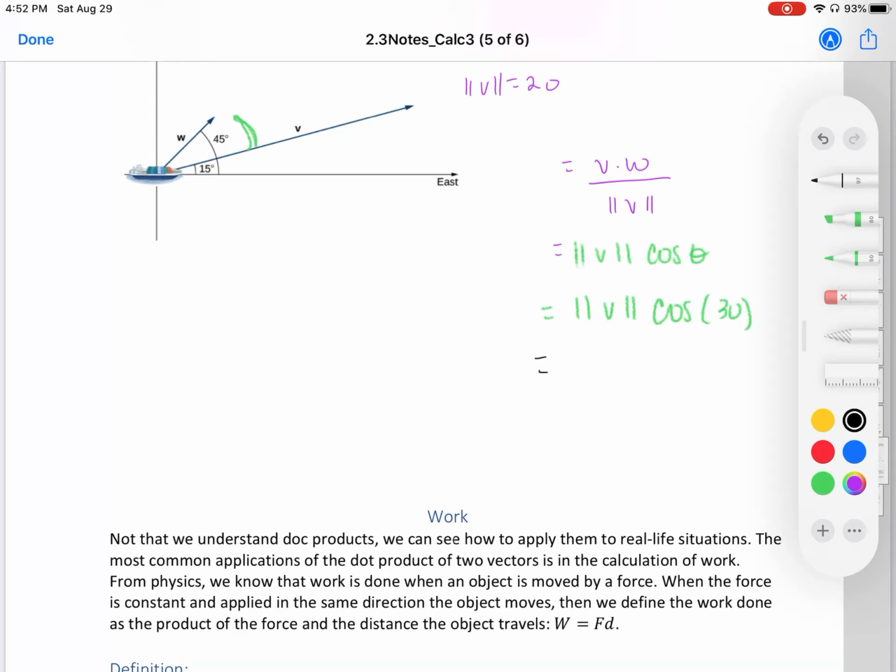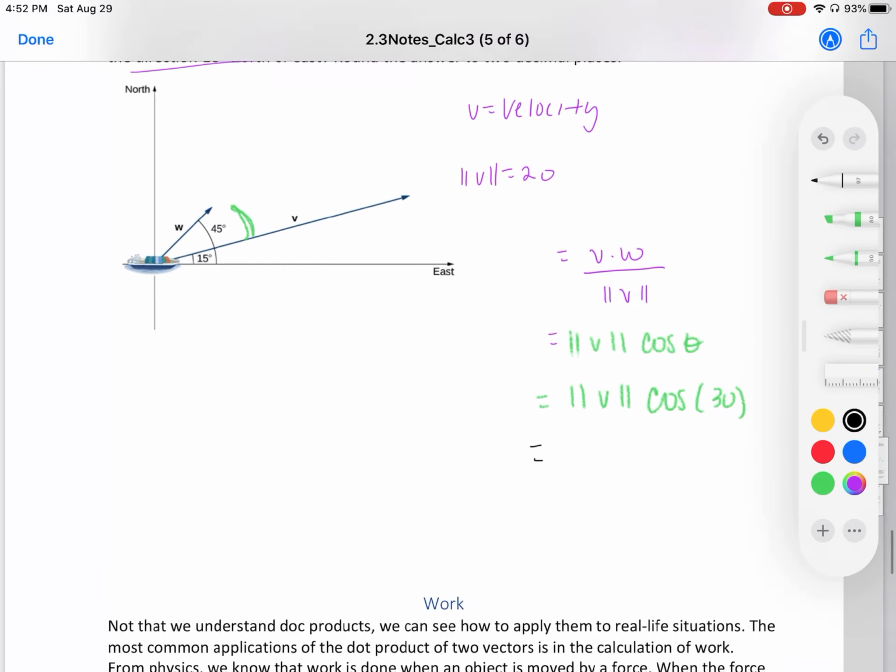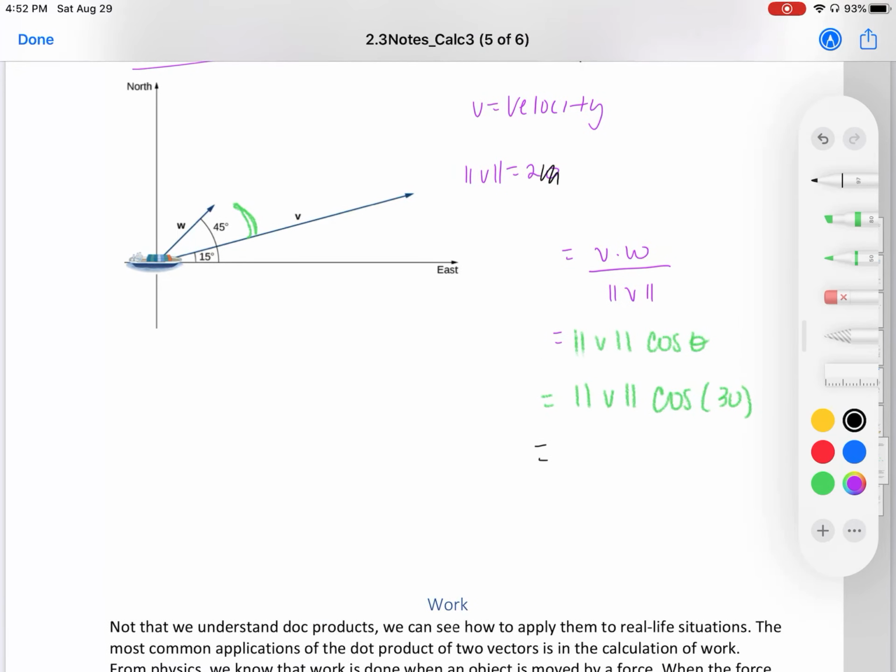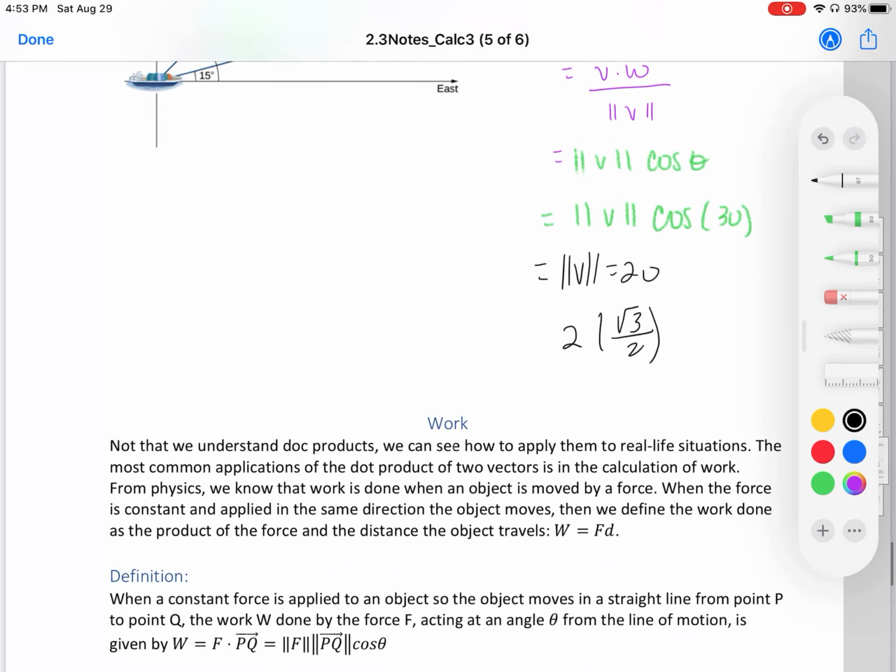So our magnitude, I said 20, it's 2. So we have 2 times cosine of 30 using our unit circle or your calculator or your memory from your trig class. We get our answer is square root of 3, which is about 1.73 knots.